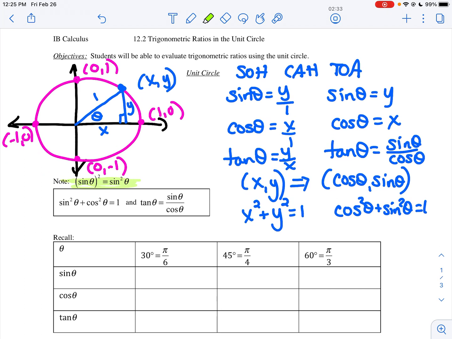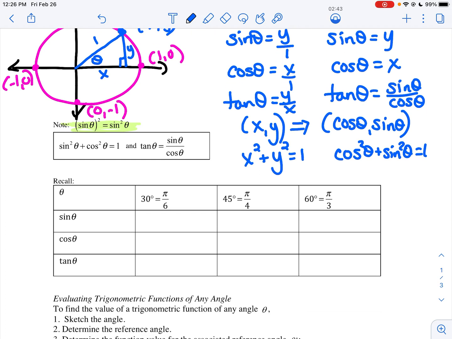All right, so if I want to go over my exact values one more time, let's take a look. If I had a 30-60 right triangle, across from 30 is 1. The hypotenuse is double, and this is radical 3.